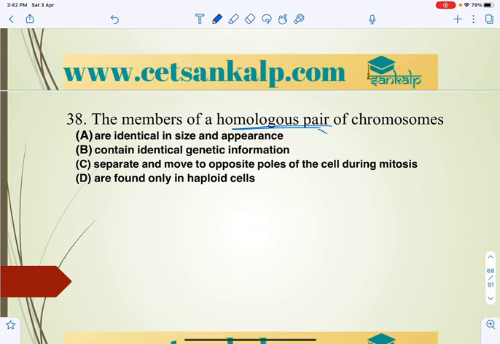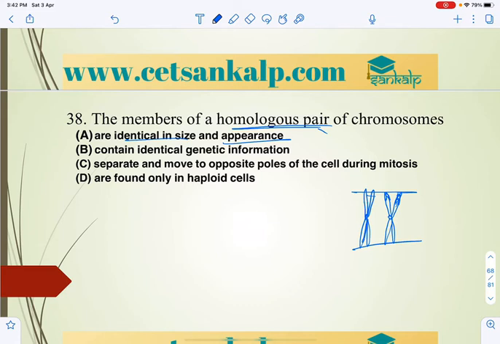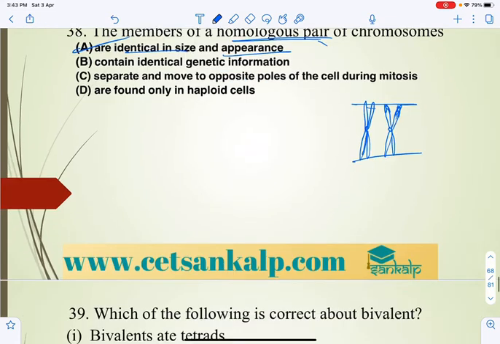Generally we say they are identical in size and appearance, exactly the same, similar in size and similar in appearance. So identical in size and appearance. So 38, A is the correct answer.